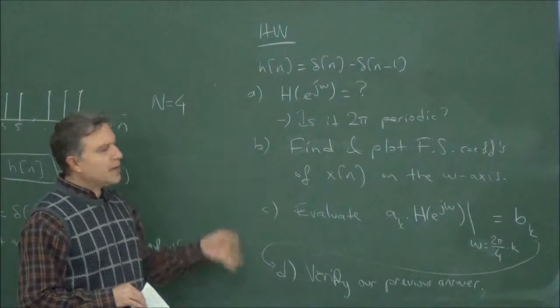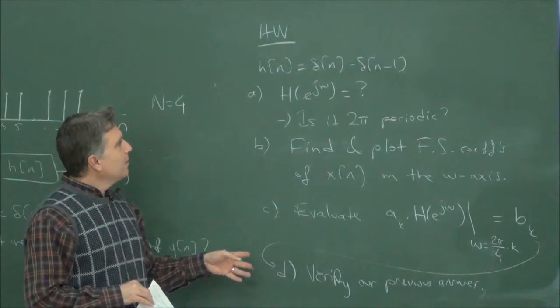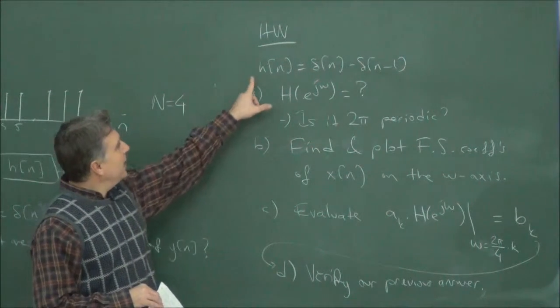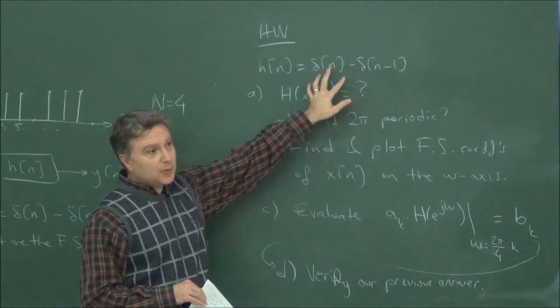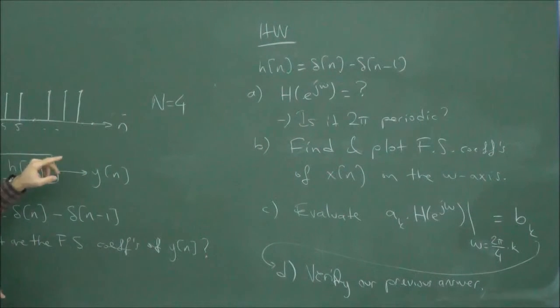This is quite an indirect way of finding the same solution, but in some other cases where h of n is not as simple as this one, if it is too complicated, then convolution of this thing with h will be a bit more difficult.